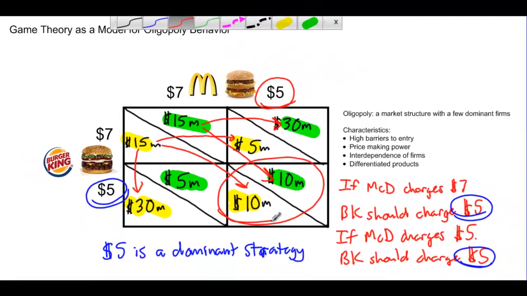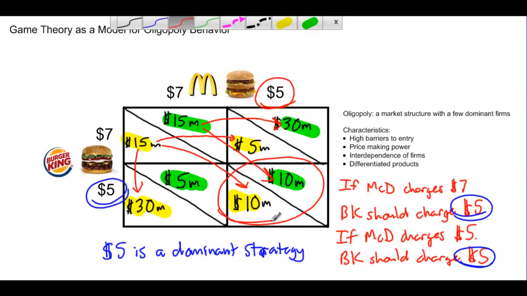The firms are interdependent on each other. Burger King cannot unilaterally charge $7 because there will always be an incentive for it to lower its price to $5. McDonald's also can't charge a price of $7 because if it does, Burger King will lower its price and McDonald's profits will fall to only $5 million. Both firms have a strong incentive to lower their price to $5.